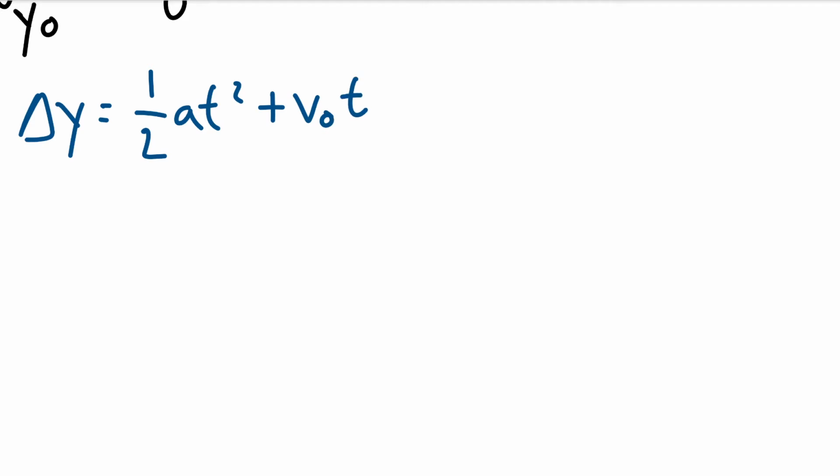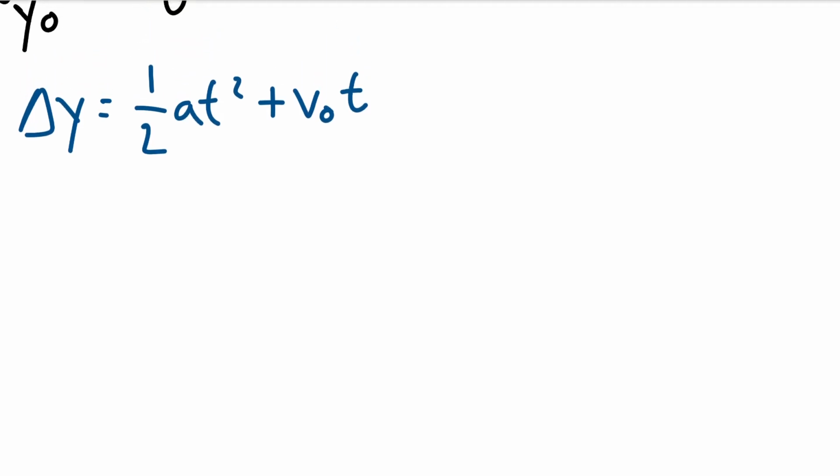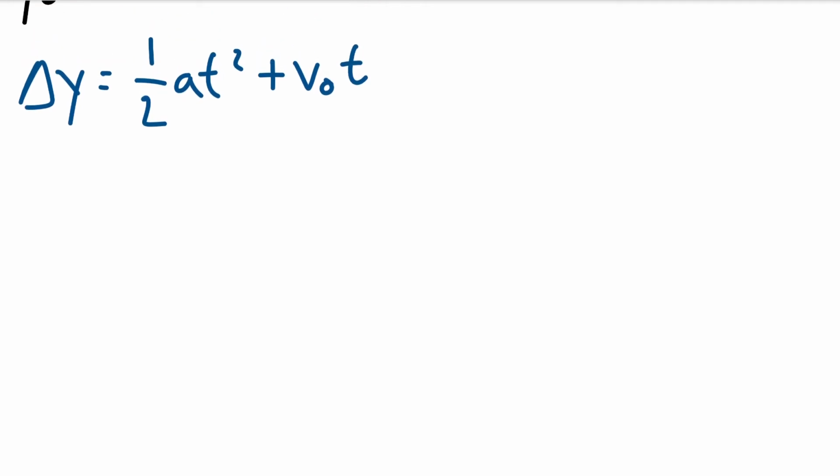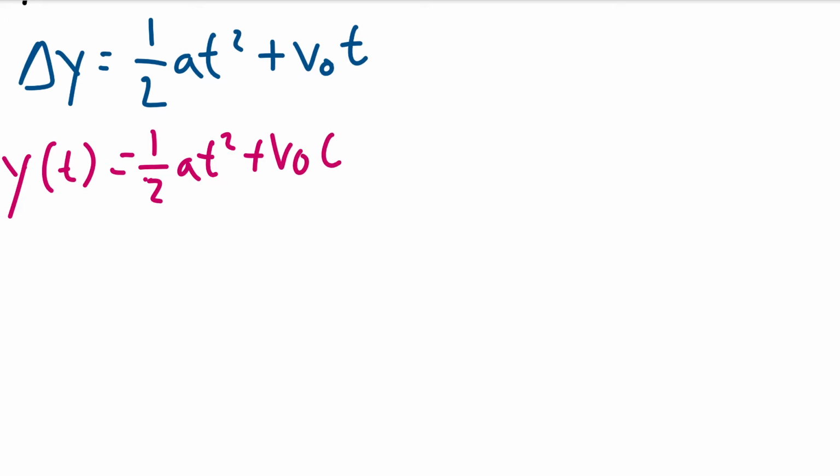This can also be written slightly differently. If I didn't combine the terms on the left-hand side as delta y, I have y as a function of t equals 1/2 a t squared plus v naught t plus y naught, or that initial position.